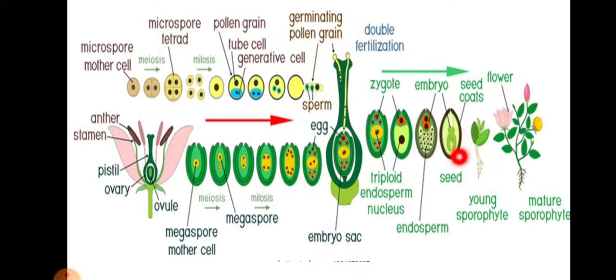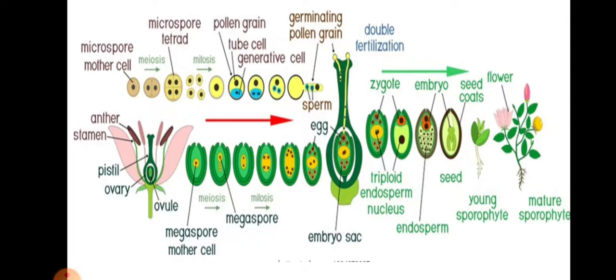Whenever this embryo needs nutrition, it takes the nutrition from this endosperm and produces the young sporophyte, which means the young plant. And then when the young plant is produced, it will again mature, and the same procedure will take place. So that is the embryo and endosperm formation.